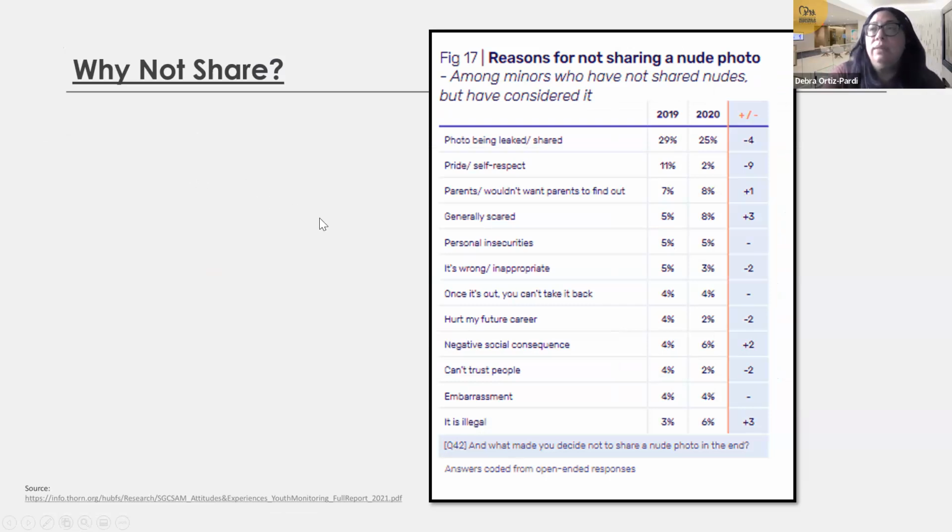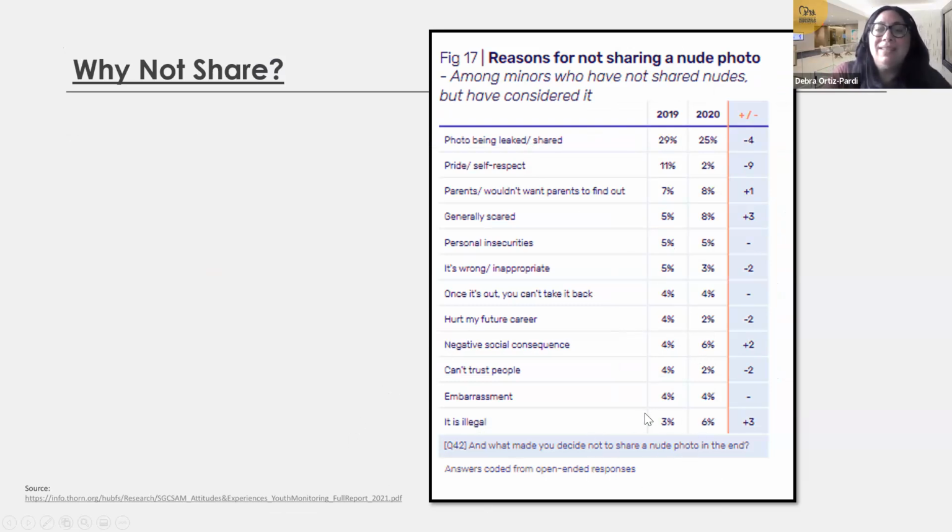Kids also reported in the study from 2021 what stops them. If you're not sharing, what stops you from sharing your content? And the number one answer is their photo being leaked or shared.